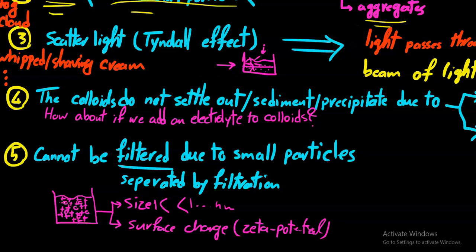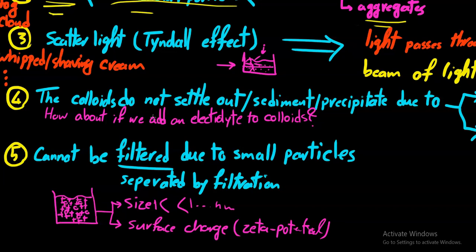So this positive charge repels each other, and the size is small enough that, because of gravity, they tend to precipitate or sediment. But because of the electrical repellence between the positive charge or negative charge in other colloidal particles, they don't precipitate.